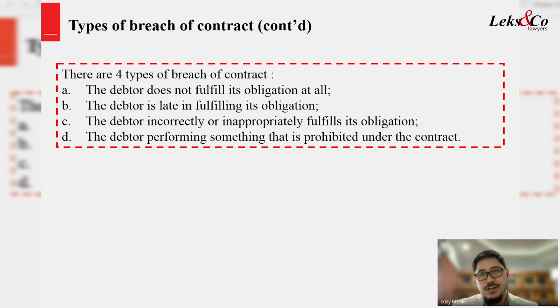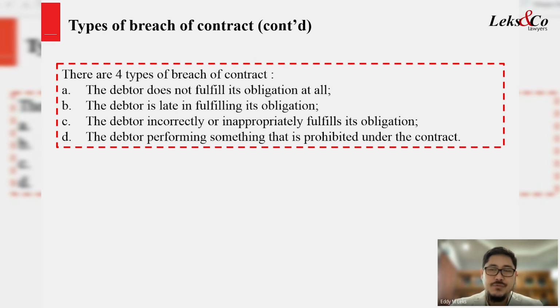So the D here is relevant to the performance, prestasi. If we look into performance or obligation or prestasi, there are three types: to deliver something, to do something, or not to do something. In contract drafting, if you learn how to draft a contract properly, you will learn about covenants.